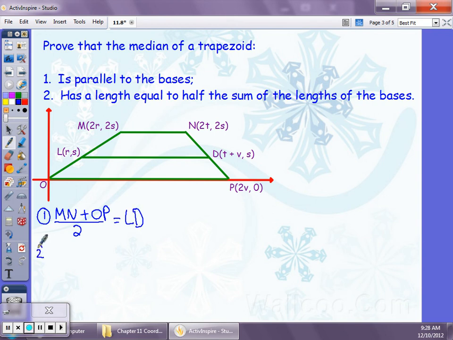So we're going to start by finding the distance of MN. So we're going to take 2T minus 2R squared plus 2S minus 2S squared.